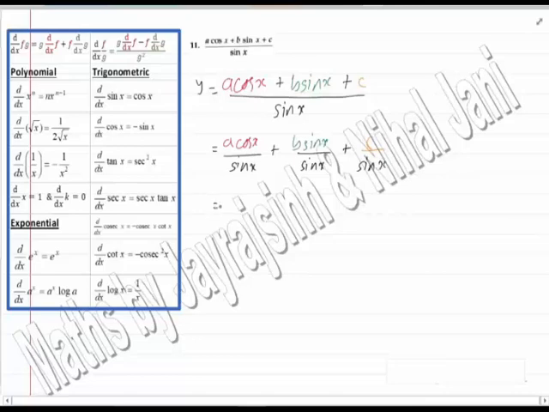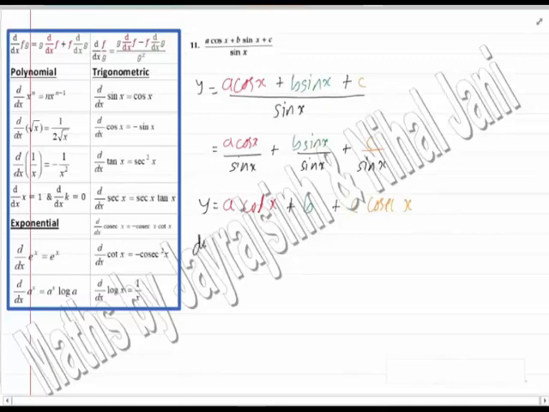Okay, so our first term, which is cos x upon sin x, will be cot x, plus in the second term sin x will cancel out, and the only remaining thing will be b. And in the last term, 1 upon sin x is basically cosec x, right? So yes, we get individual terms.